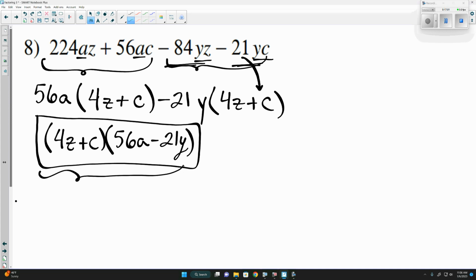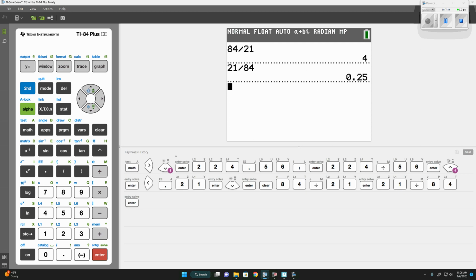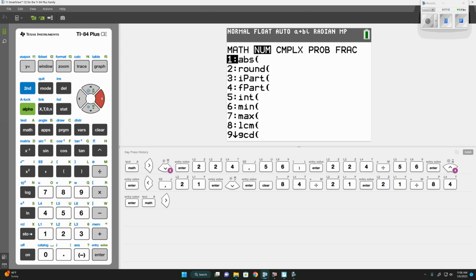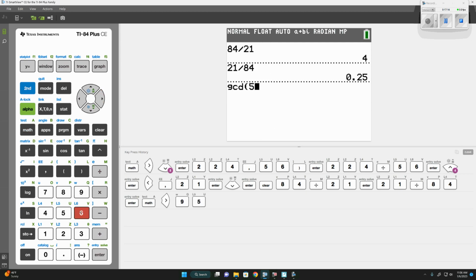Because if we look at 56 and 21, is there a number that will go into both? We can pull the calculator back up, say math over greatest common factor, 56 comma 21. 7. 7 will go into both of these. So technically it's not completely factored because we still have a common factor between those two numbers.